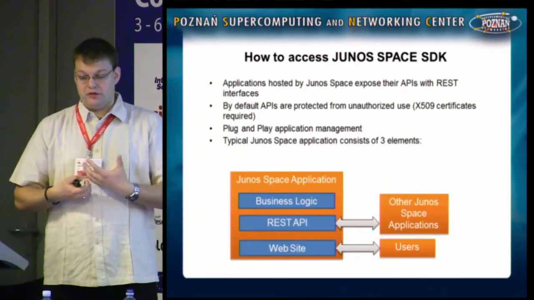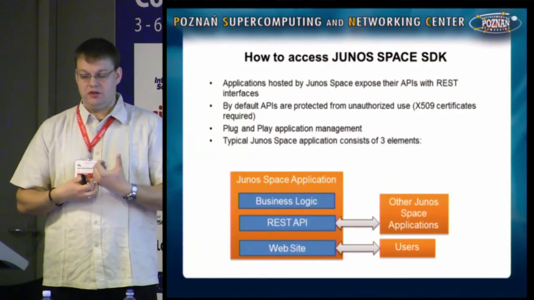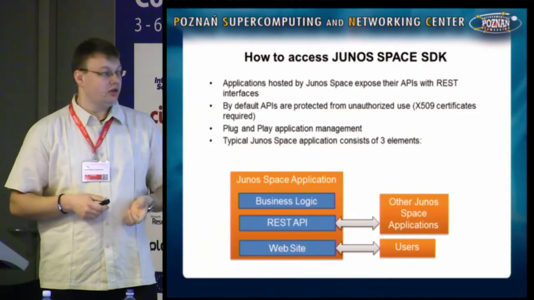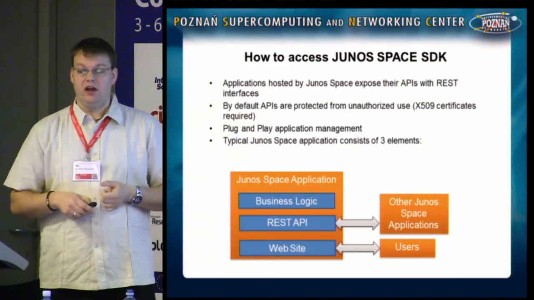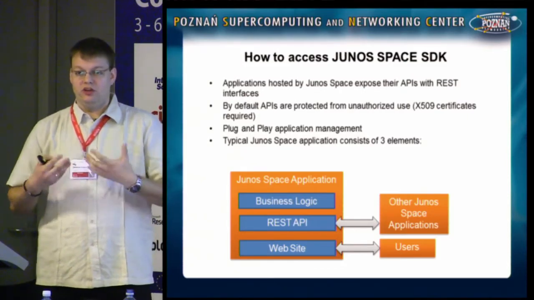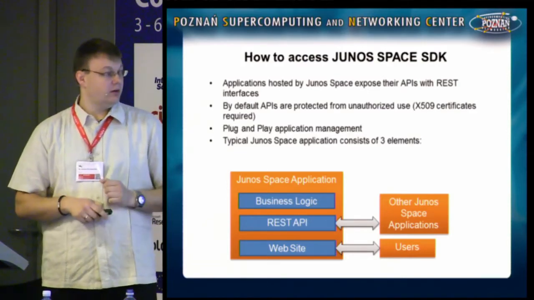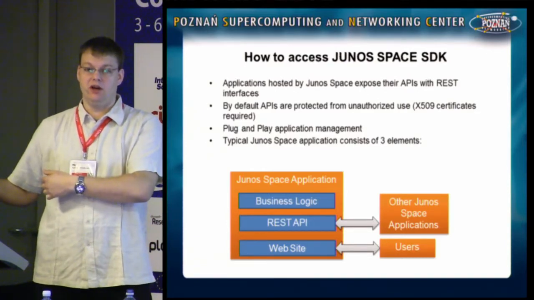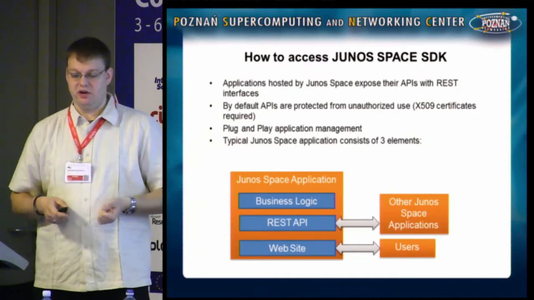So how does the application look in the Juno Space environment? It usually has three main components. The business logic, which in our case is the NSI agent, and the logic that we need to provide the services. And then we have the REST API, which is contacting the Juno Space environment on the one hand, and also other applications that are deployed in the Juno Space environment.